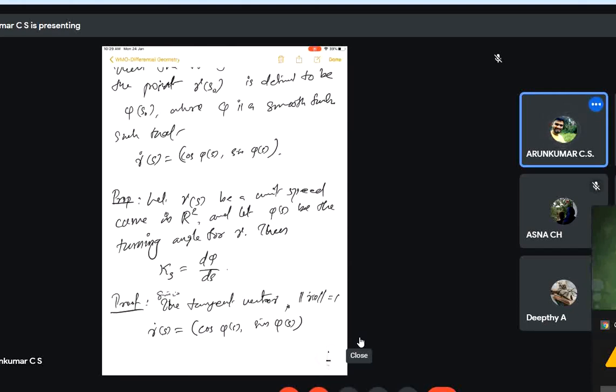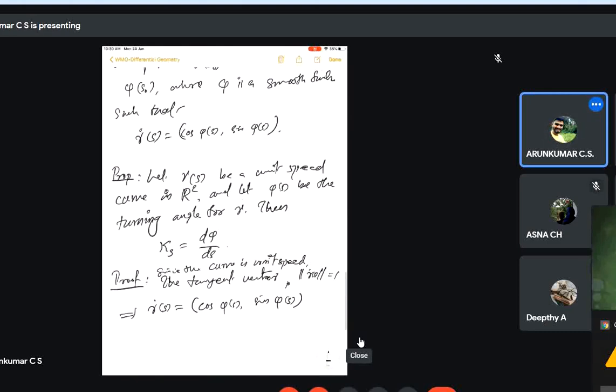Since the curve is unit speed. So the meaning of unit speed is the norm of the tangent vector is 1, the norm of the derivative is 1. So it is on the circle, so it will have this form, where we are given that phi is the turning angle for gamma.